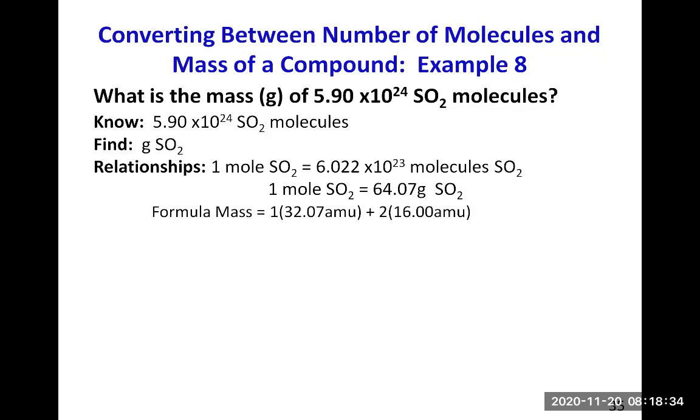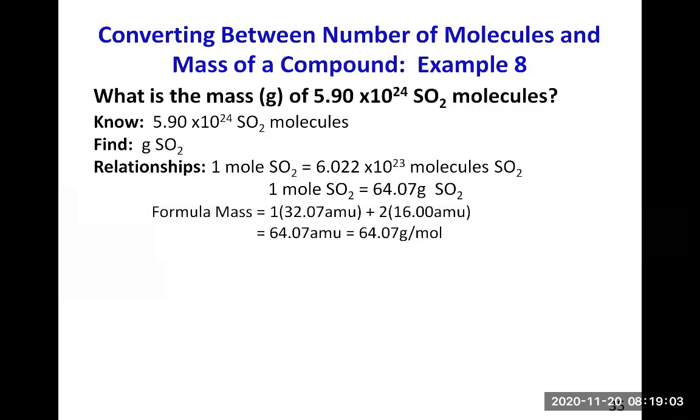Adding this, basically it's 32 plus 32, and that's why it's 64.07 atomic mass units, the mass for one formula of SO2. But as we know now, the number is also the same when we are talking about grams per mole. So the molar mass is 1 mole of SO2 equals 64.07 grams.